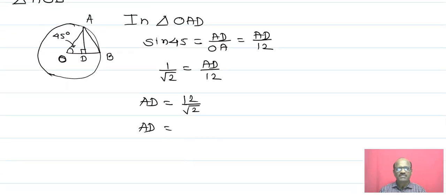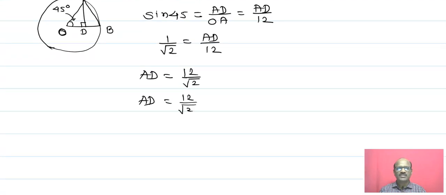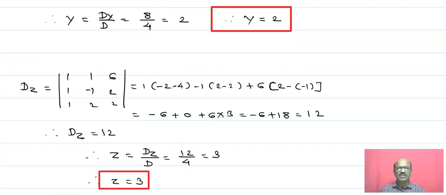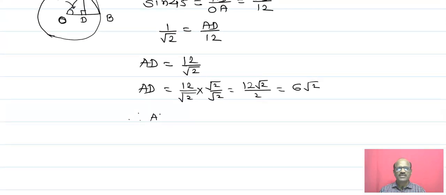Now we will simplify here, that is multiply the numerator and the denominator by root 2, that is rationalize the denominator. Root 2 into root 2 is 2, that is 12 root 2 upon 2, that is 6 root 2. AD is 6 root 2, the height of the triangle OAB.